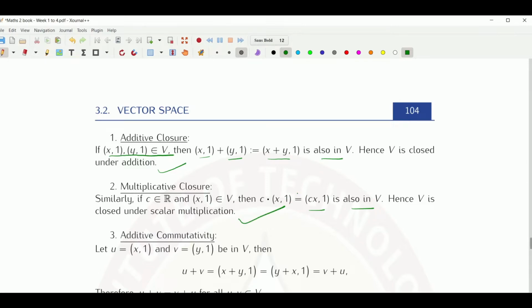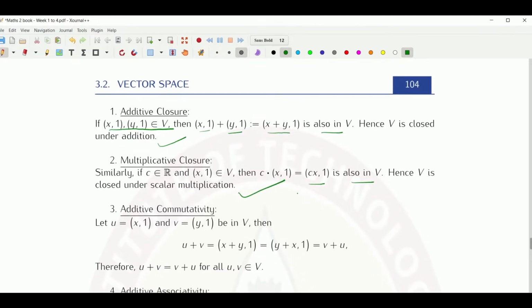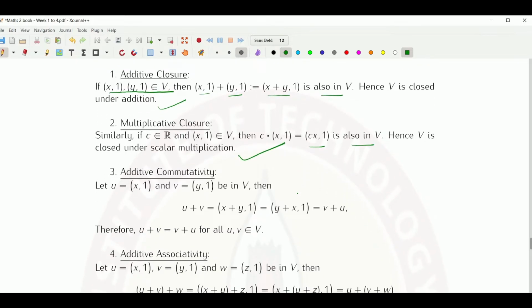And the third one is additive commutativity. u is equal to x1, v is equal to y1, then u plus v is equal to x plus y comma 1, and v plus u will be y plus x comma 1. Both are the same, so the additive commutativity property is also fulfilled.